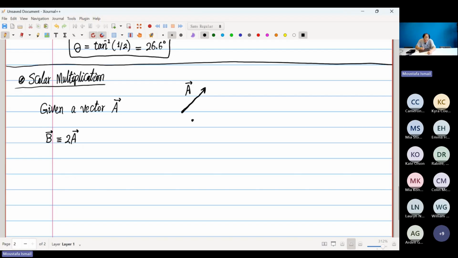So this vector B is like this. It's twice of vector A. So vector B, and you can think of it as vector A twice.